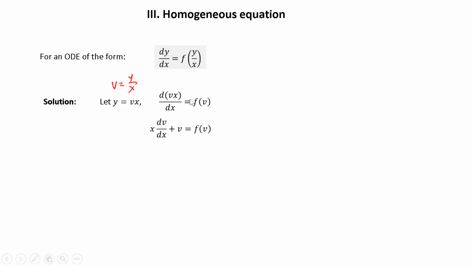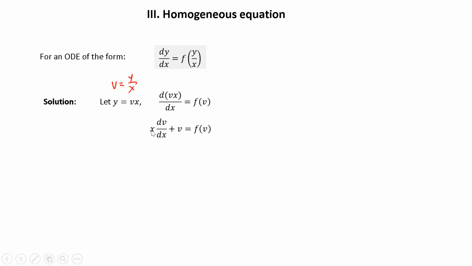And then on the left-hand side, I want to get rid of the y. I want the whole equation to contain only v and x now, no y. So I put y equals vx into this differentiation symbol, and then I use the product rule for the left-hand side.